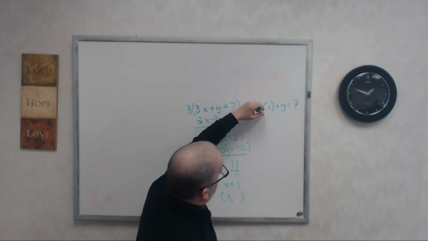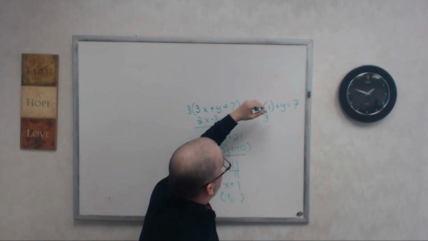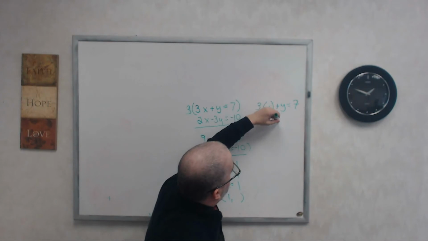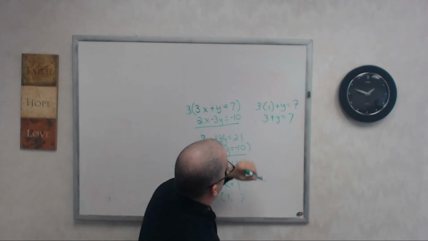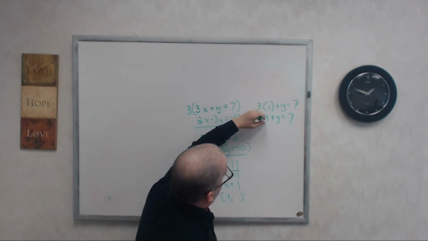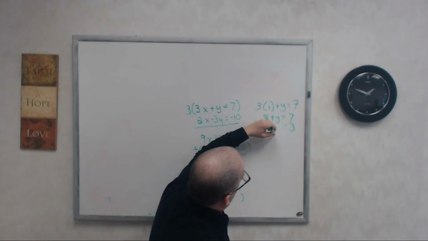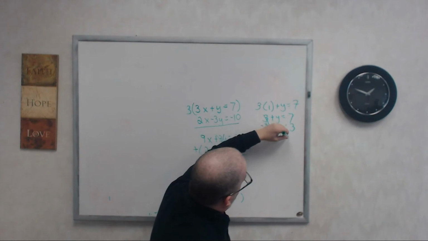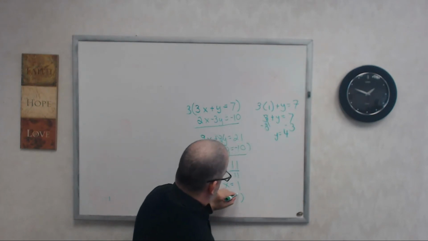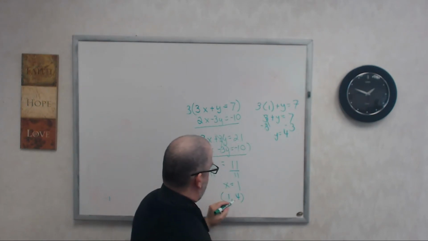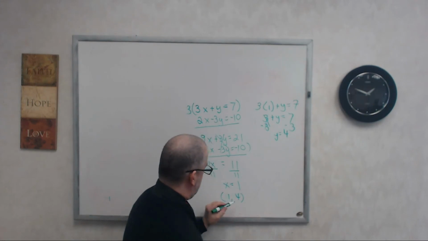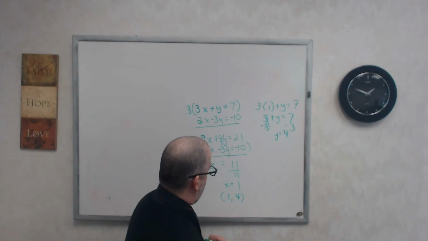So 3 times 1 is 3, plus y is equal to 7. Then we subtract 3 on both sides to get the y alone, so y is equal to 4. So our answer is that the graphs are going to intersect at 1, 4: 1 for the x value and 4 for the y value.